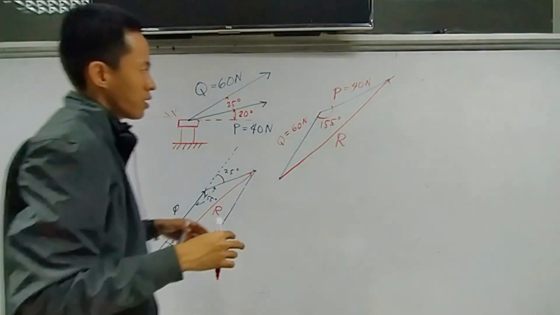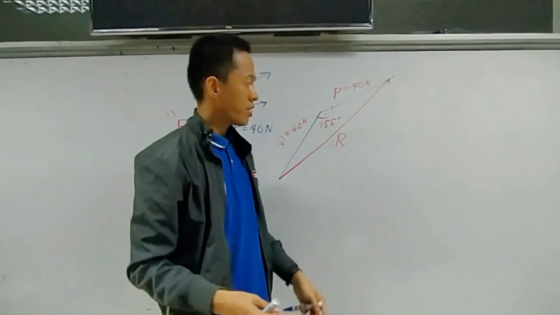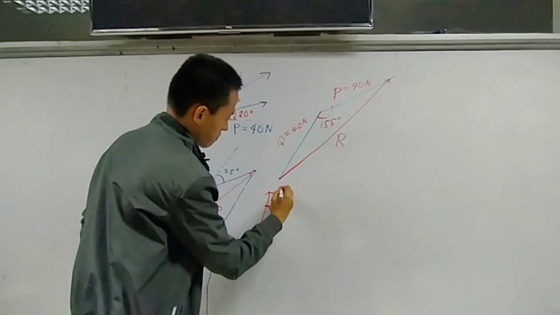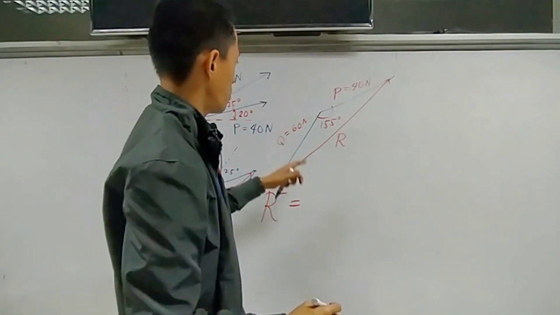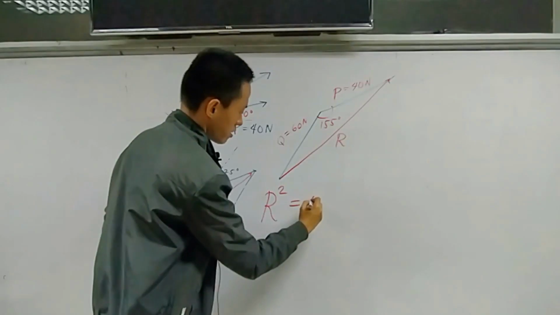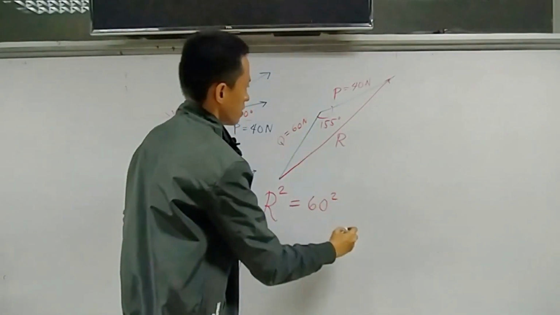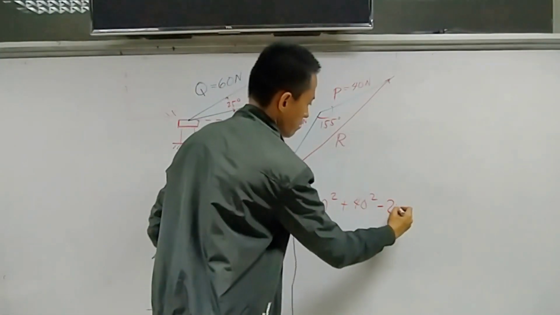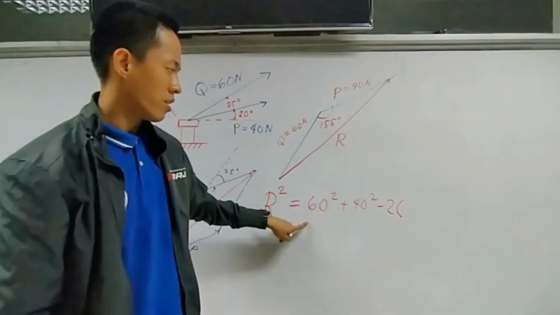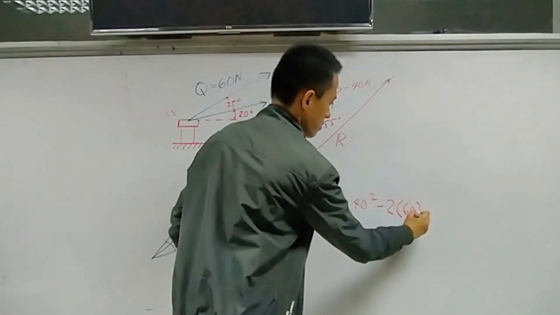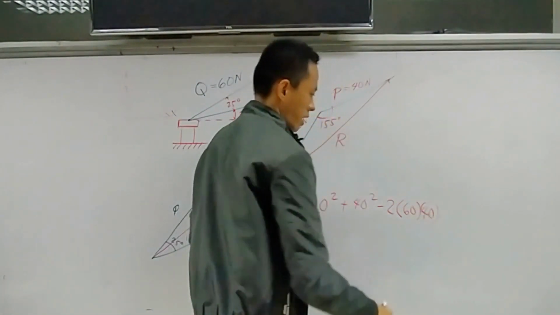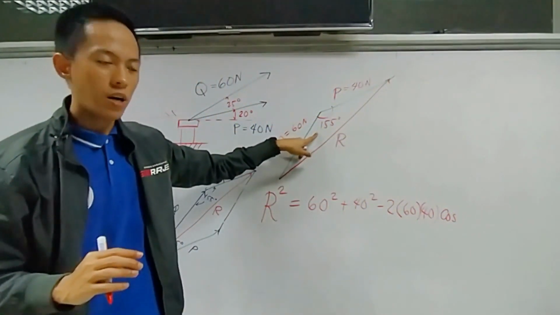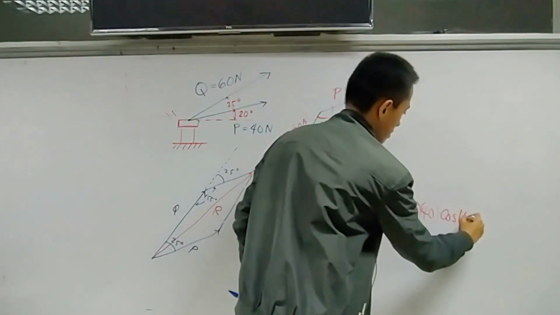Now guys, kung i-recall natin yung cosine law, we can solve for R. So R squared based on cosine law equals, yung opposite na dalawa, which is we have here 60 newtons squared plus 40 squared minus 2 times, multiply lang natin yung dalawa, 60 times 40 times cosine nung opposite angle nung R, which is 155 degrees.